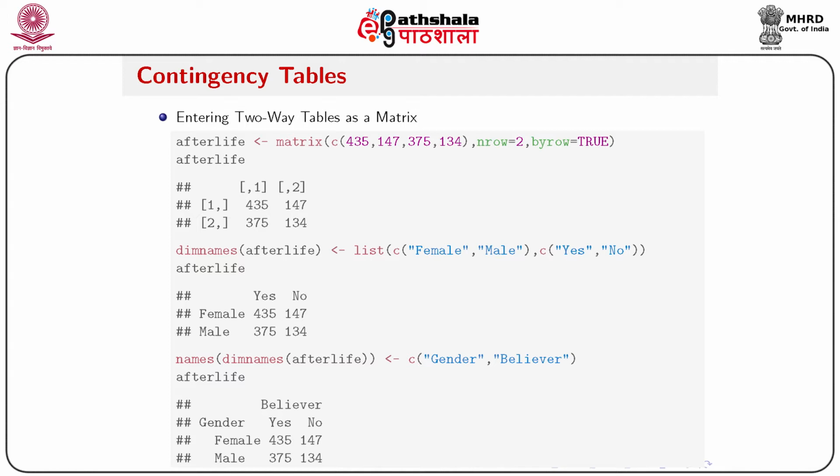And then for the names of the dimensions of afterlife, you can write names(dimnames(afterlife)) equals c(gender, belief). That means these are the labels. First we enter the labels of the factors, and the names of the factors are gender and belief. That has been assigned in this manner. So now this gives you a 2 by 2 contingency table with proper labels.